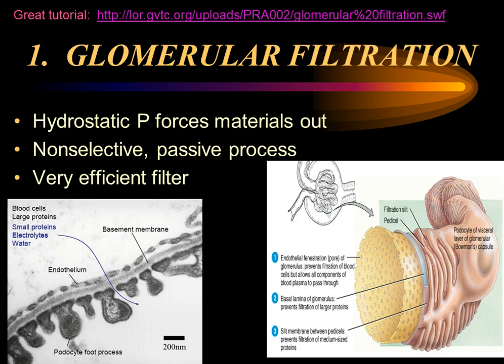That's the internal layer of the Bowman's capsule. So if little materials can pass through the fenestrations of the blood vessel, and those little things can then pass through the little slits, the sieve of the podocytes, then they're now out in the Bowman's capsule. And then it's filtrate. That's what it is.